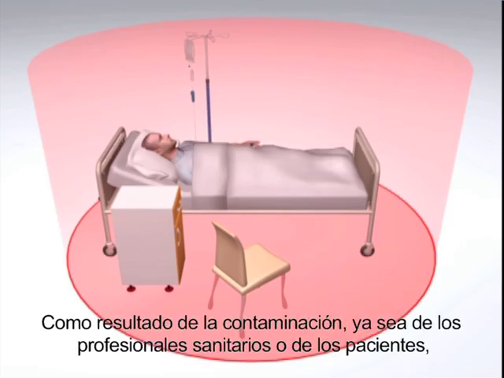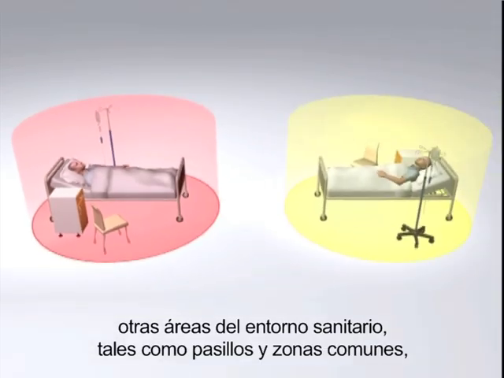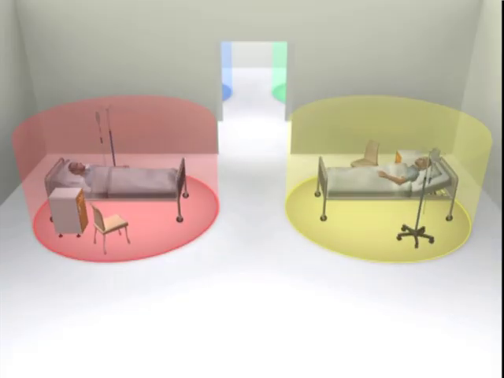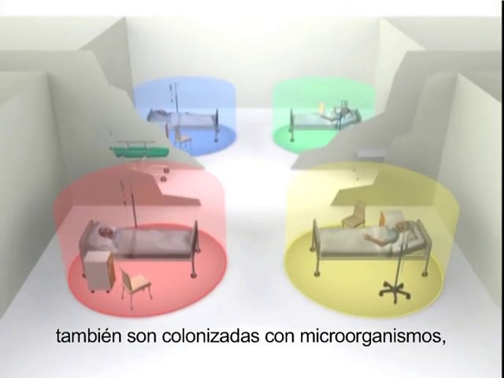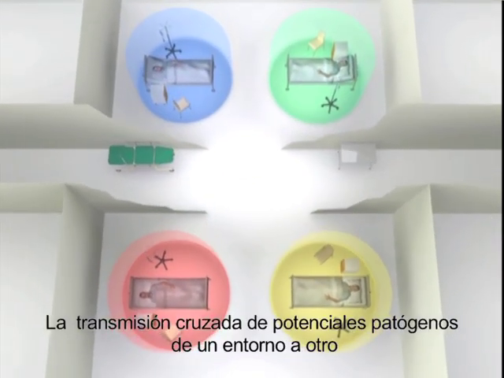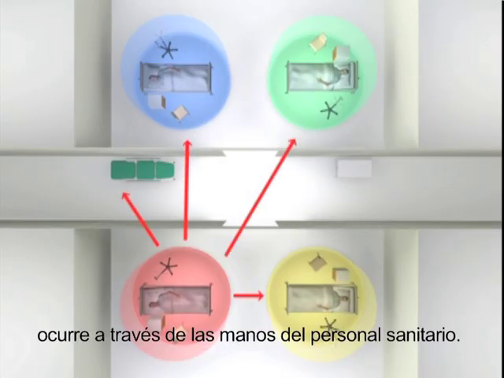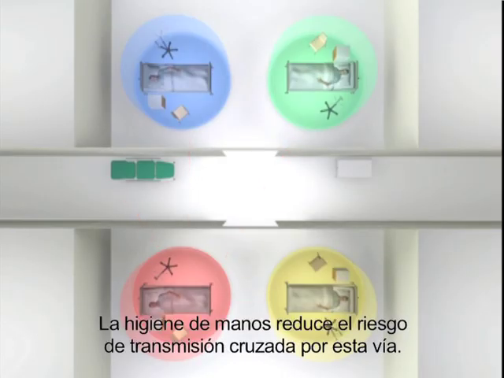As a result of contamination by both healthcare workers and patients, other areas of the healthcare setting, such as corridors and public areas, are also colonized with microorganisms, though to a lesser extent than patient rooms. Cross-transmission of potential pathogens from one environment to another occurs through healthcare workers' hands. Hand hygiene greatly reduces the risk of cross-transmission by this route.